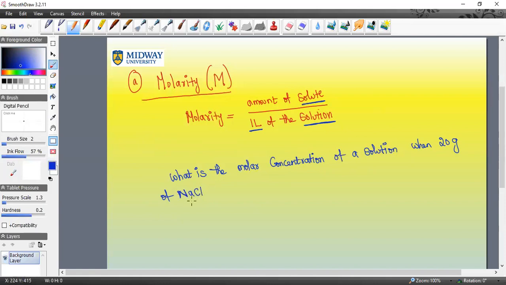Now again, we have done naming, so you should know how I got sodium chloride, but that's not the point of this one. When 20 grams of sodium chloride is dissolved in 250 milliliters of water. That is the question right here. The first thing you've got to do is to figure out the amount of solute. What is the solute in this problem?